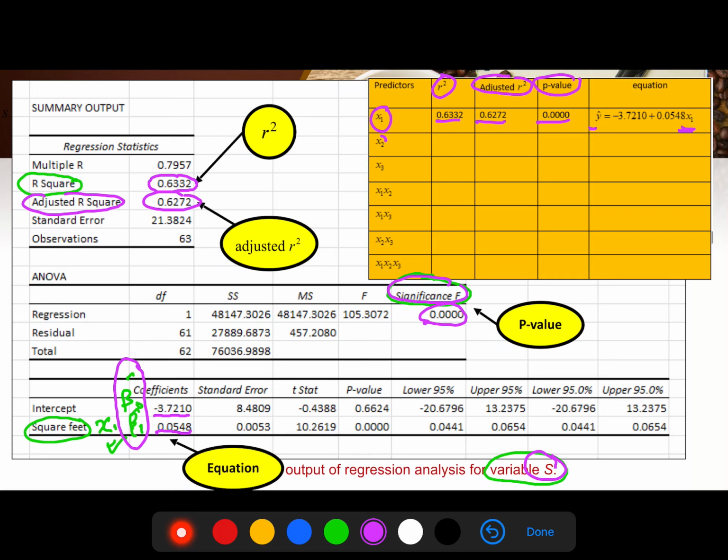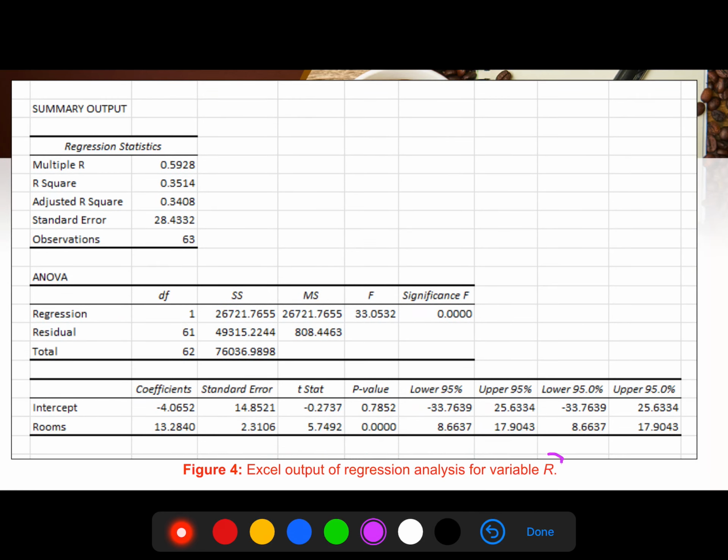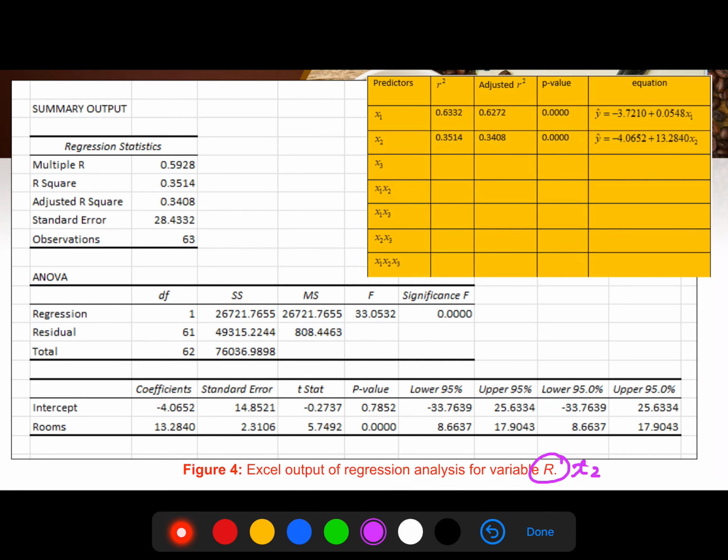Next, we have to find for x2. How do we find for x2? Look at the next Excel output. Next Excel output is for R. R here is x2. Okay, so for x2, the R square is 0.3514.